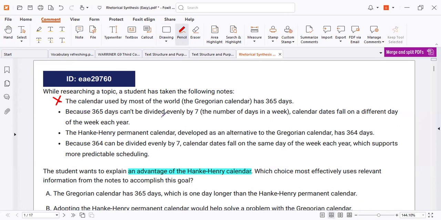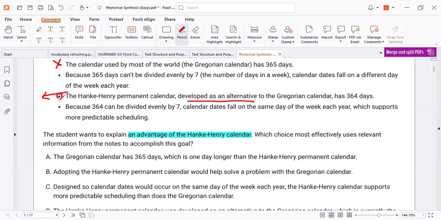So can't be divided. Calendar dates fall on a different day. So that is done, not mentioned. So that means no. Henry developed as an alternative, as a different choice option. The character advantage. Here, no advantage. That means that's your answer at this point.